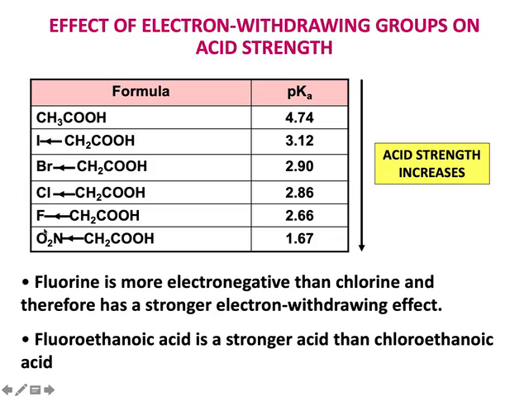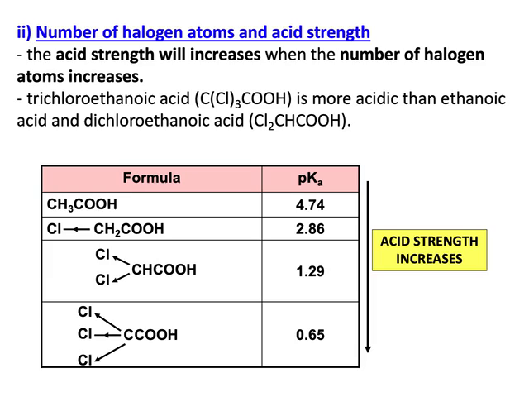Okay, if this halogen is compared with the nitro group, the carboxylic acid attached with nitro is more stable, so the acidity is very strong and the pKa value is lower.